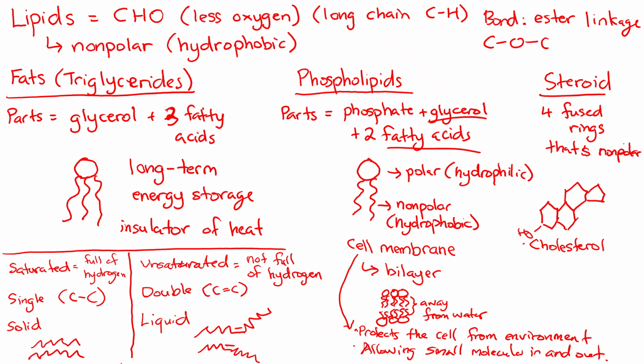And then the rest of it, there's a long chain as well that's nonpolar, a hydrocarbon chain. And that part would stick to the fatty acid of another phospholipid. So cholesterol affects animal cell membranes.